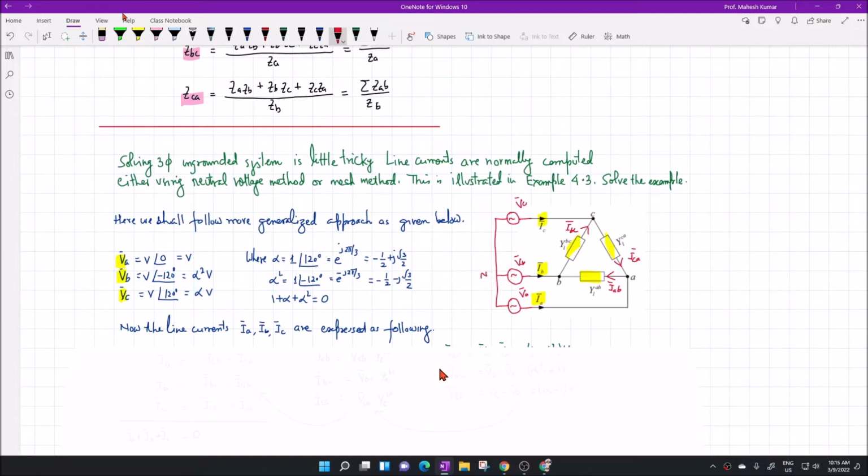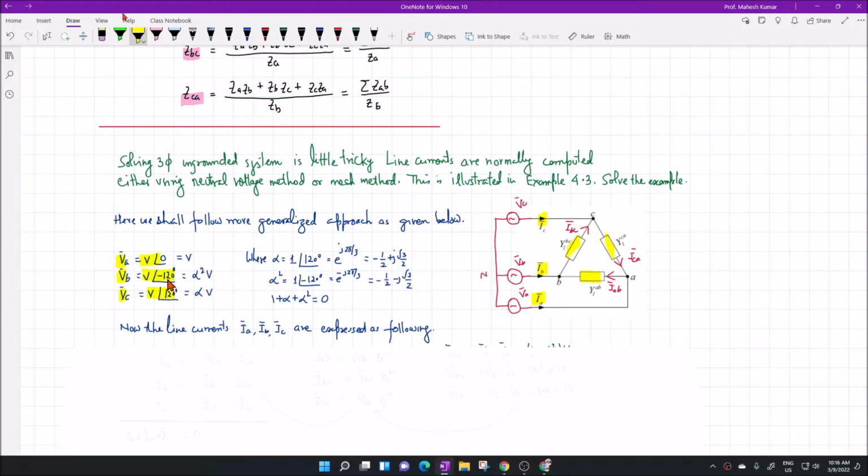So these voltages can be expressed as V angle 0, V angle minus 120 and V angle 120 degree, because voltages are balanced. Only the load currents are not balanced because ZAB, ZBC, ZCA are different.